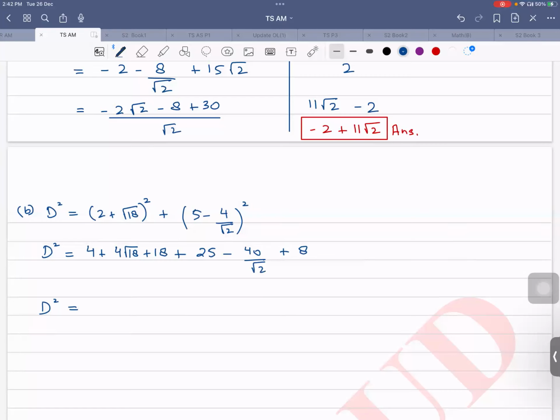I've already told you how to simplify this. It would be 12 square root 2. Yes.